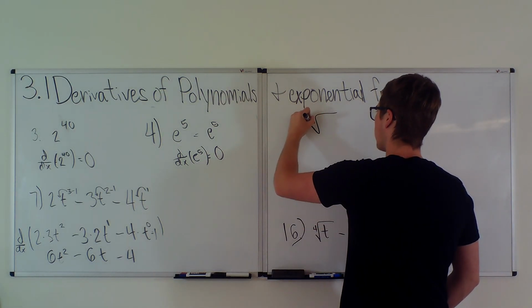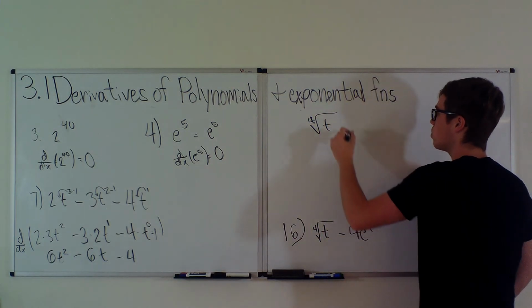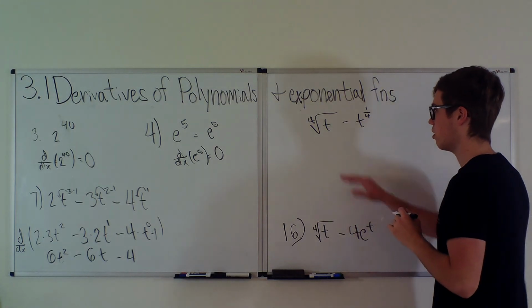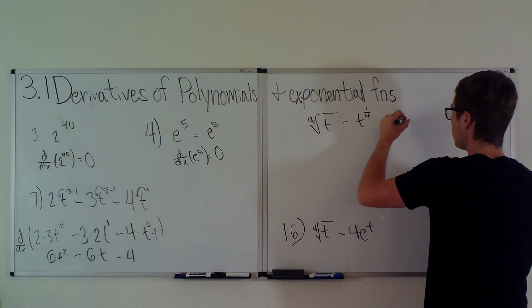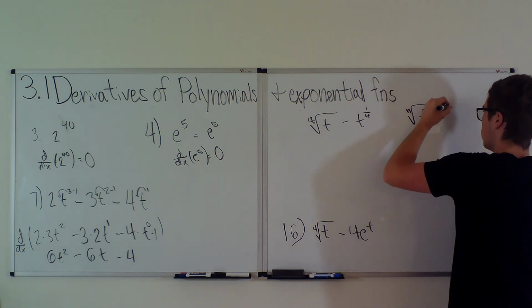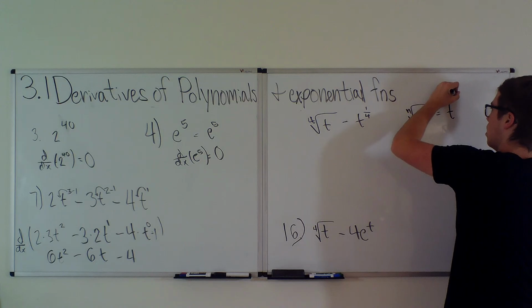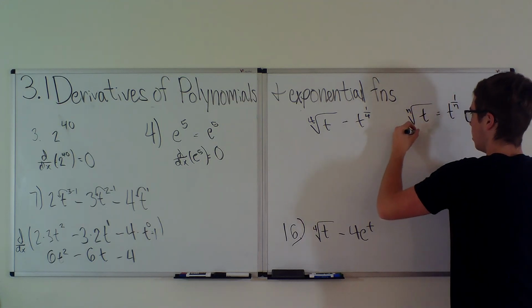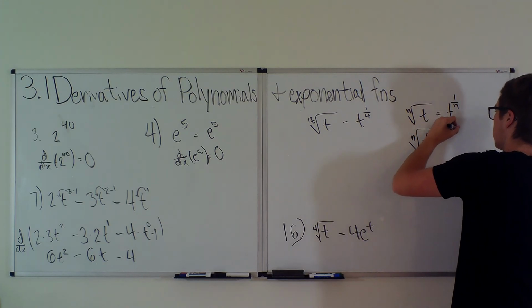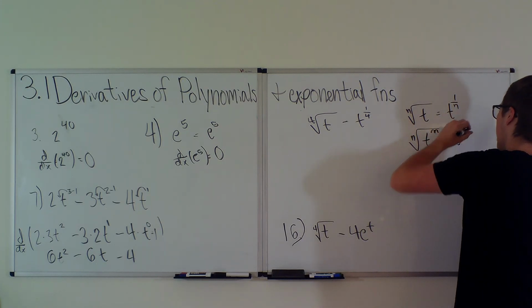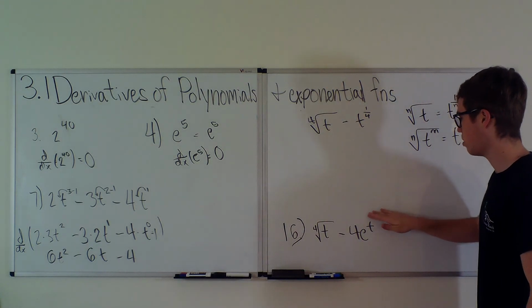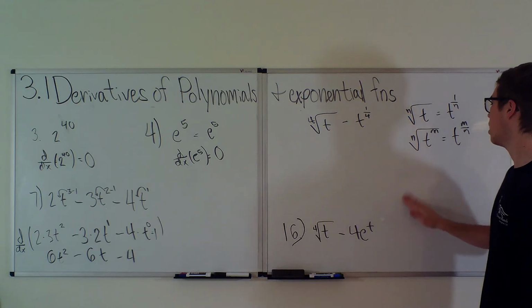The 4th root of t is equal to t to the 1/4. In general, the nth root of t is equal to t to the 1 over n, and the nth root of t to the m is equal to t to the m over n. You just need to remember this. You probably learned it in algebra. Maybe you remember, maybe you don't. That's why I went over it.